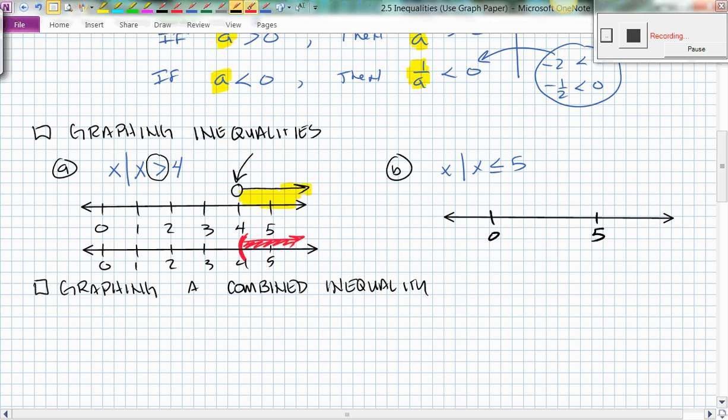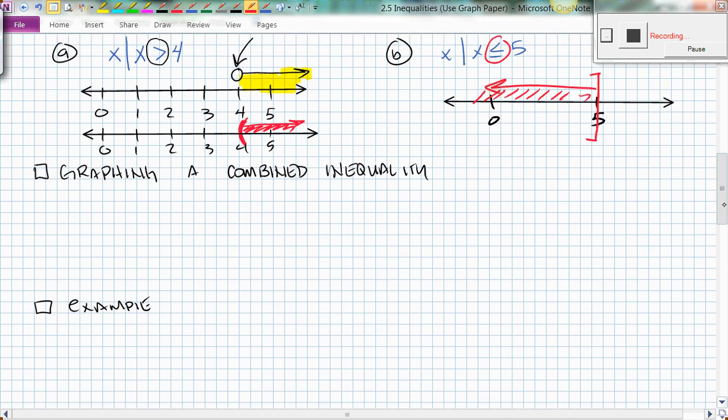And now face your bracket, since it's less than or equal to, to the left and draw your arrow, and this is everything that represents x less than or equal to 5. Okay, so again, parenthesis means open dot like you would normally do it, and a closed dot would be the bracket. So we're either using parentheses or brackets for that.